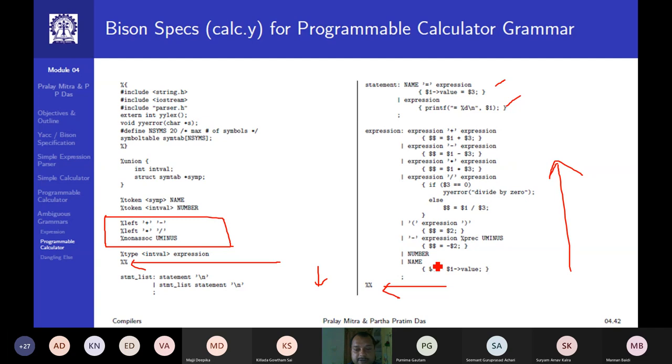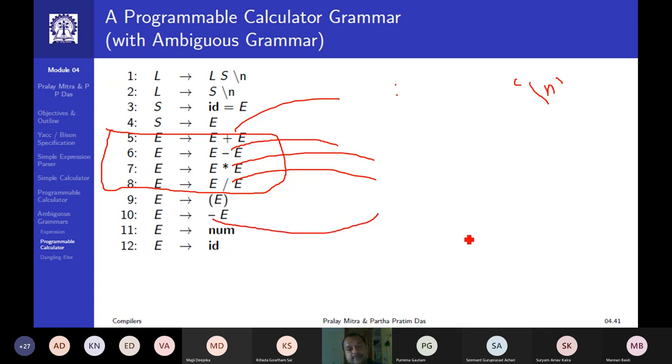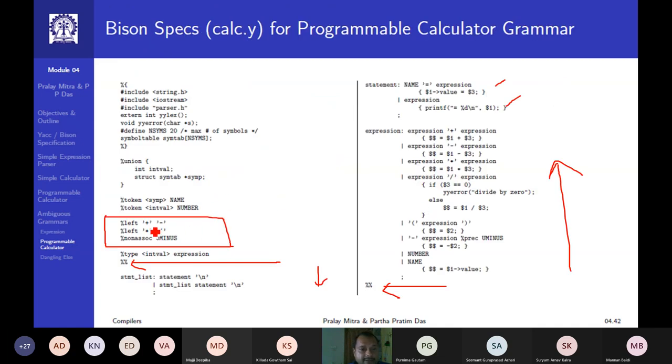In order to interpret this, let me go back to the previous slide. How many operators are there? Binary addition, binary subtraction, binary multiplication, binary division, and unary minus. So these 5 operators are here.